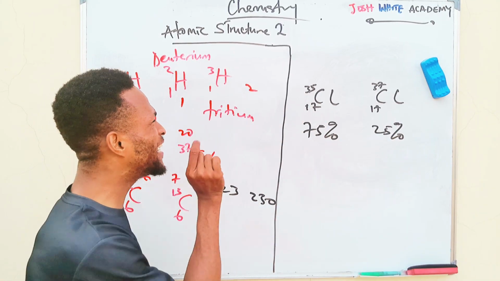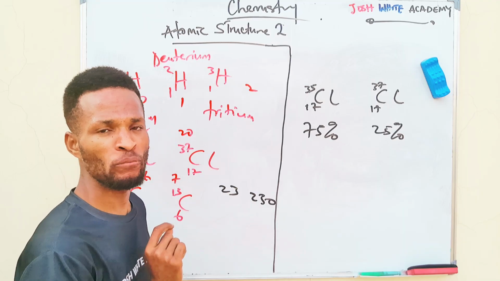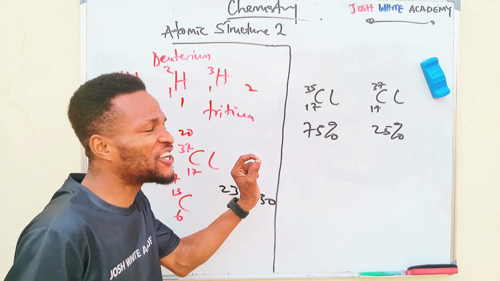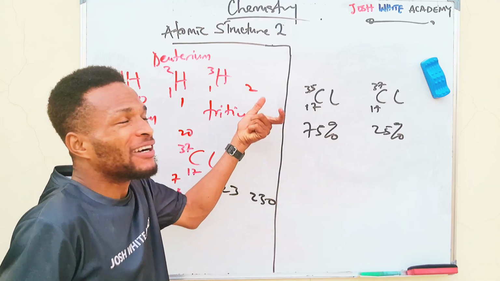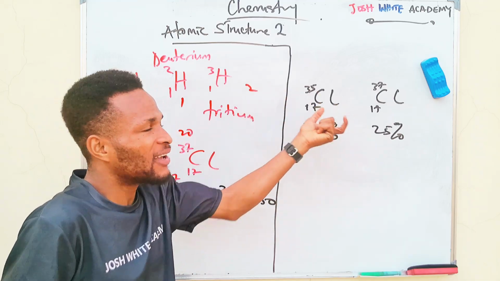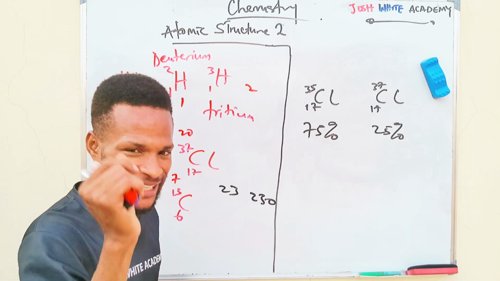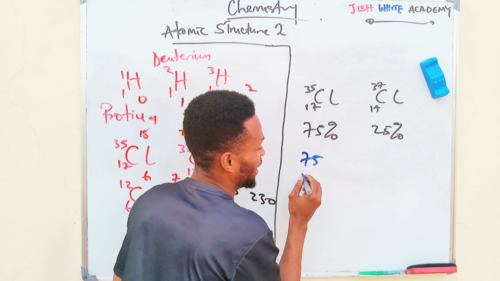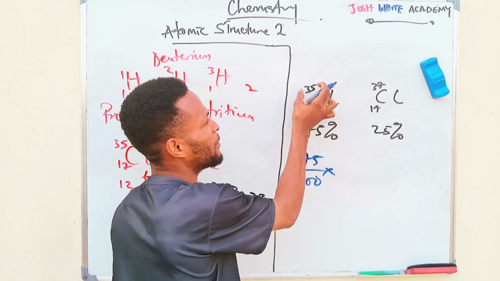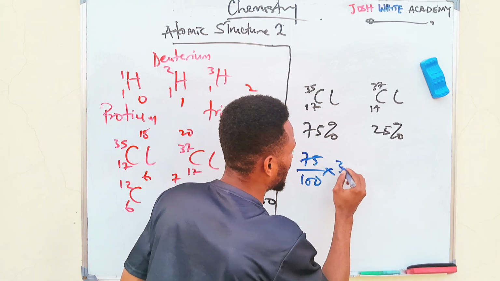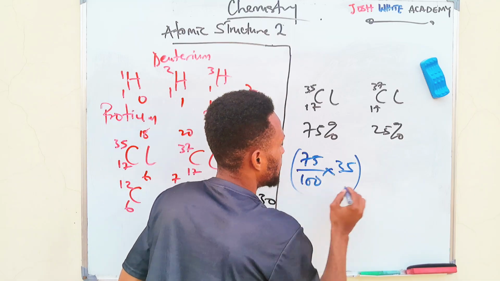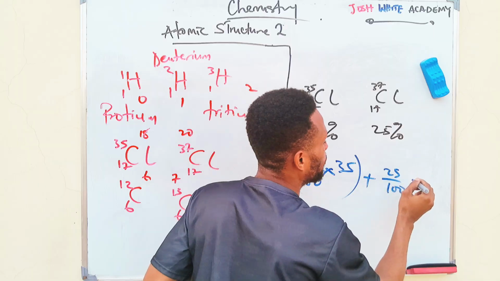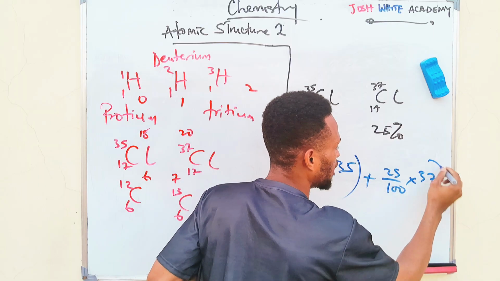Now, to calculate the relative atomic mass, all you need to do is sum the percentage of the mass number of both isotopes. Now, this is it. You say 75%, which means 75 over 100, multiplied by the mass number of chlorine-35, which is 35, plus 25% of the mass number of chlorine-37, which is 37.